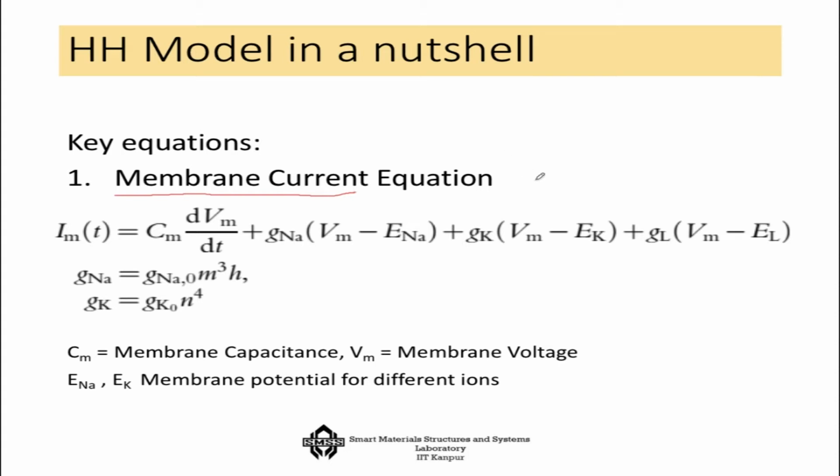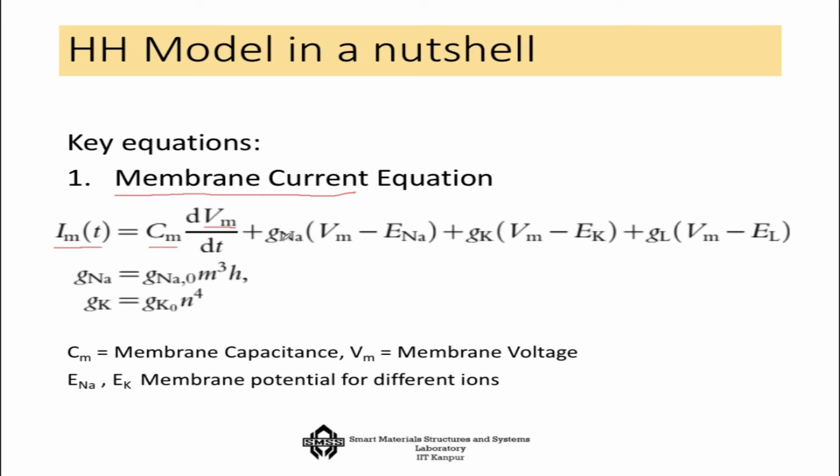Here the neurons are considered as an assembly of capacitors and resistors, and the cell itself as a source of potential, or a battery. So the neuronal current, which is the membrane current, is Im, Cm is the membrane capacitance, and Vm is the membrane voltage.